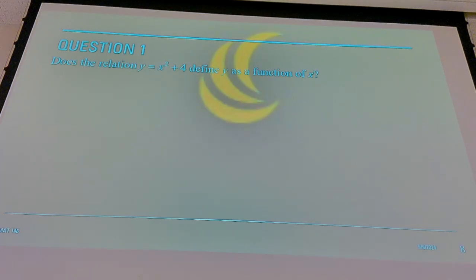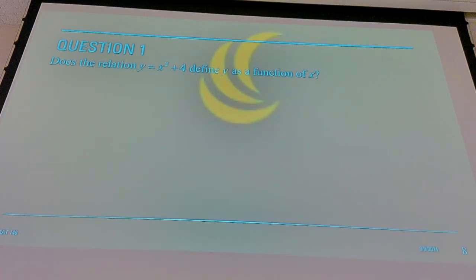This one's easy to see. So that one is a function.